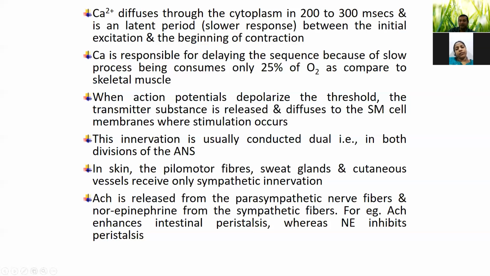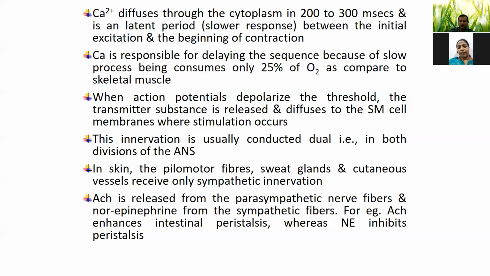Okay. Acetylcholine will enhance the intestinal peristalsis, whereas norepinephrine will inhibit the peristalsis. So two actions are going to happen in the intestine, and both functions will be innervated by the autonomic nervous system, but from different divisions.